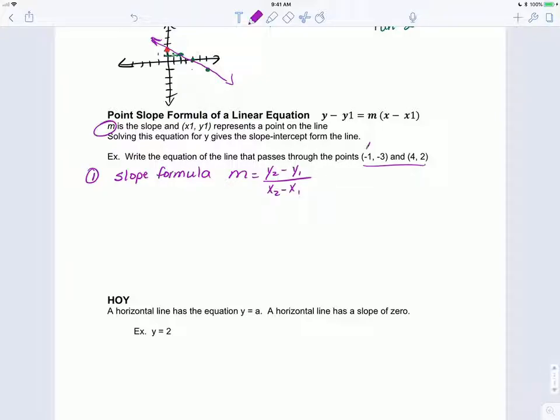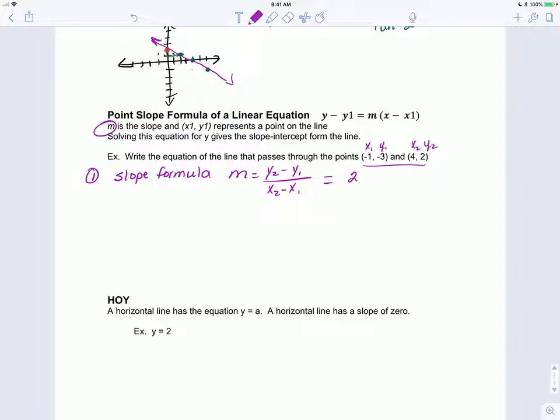Because this is the first point I'm given, my first point is x1 and y1. My second point will be my x2 and my y2. So let's use this formula first and find our slope.